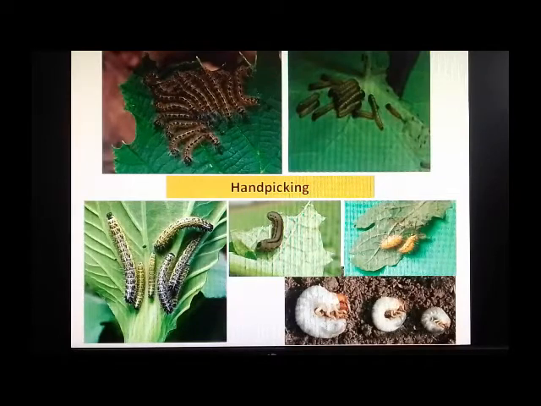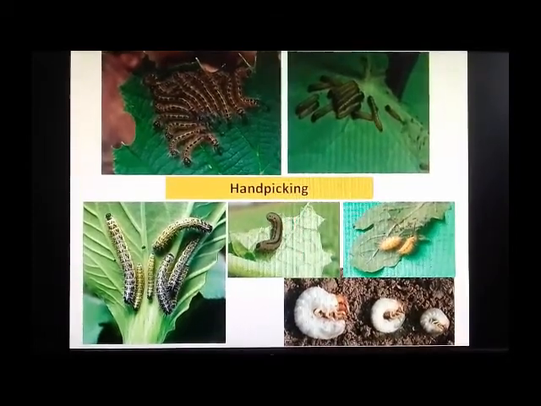So one must have the knowledge of that regarding where and when they are there in the field in gregarious form, because handpicking and destruction of those leaves itself can destroy thousands of caterpillars. So it can reduce the application of the chemicals. I mean, it can help in managing the pest by that process.